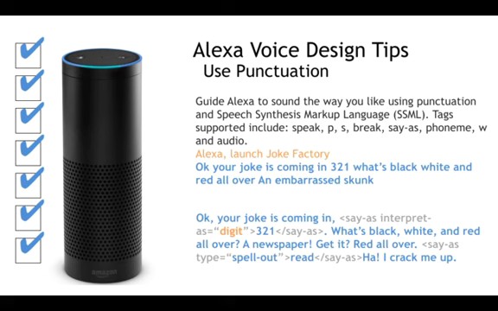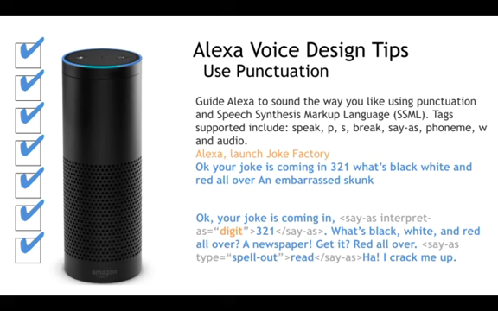What's black? And then we have a comma that's also pausing. White and red all over, question mark. The question mark is going to change our intonation. A newspaper, also, exclamation mark, going to change the intonation. Get it, question mark. Red all over, period.